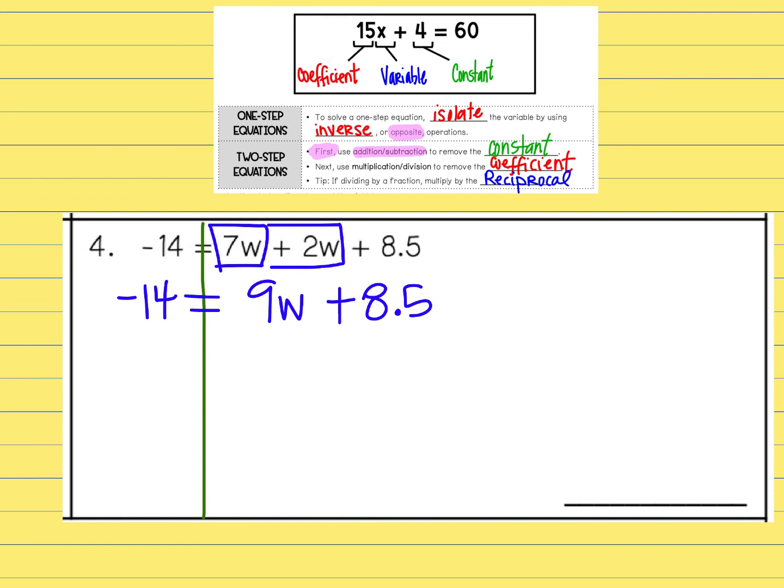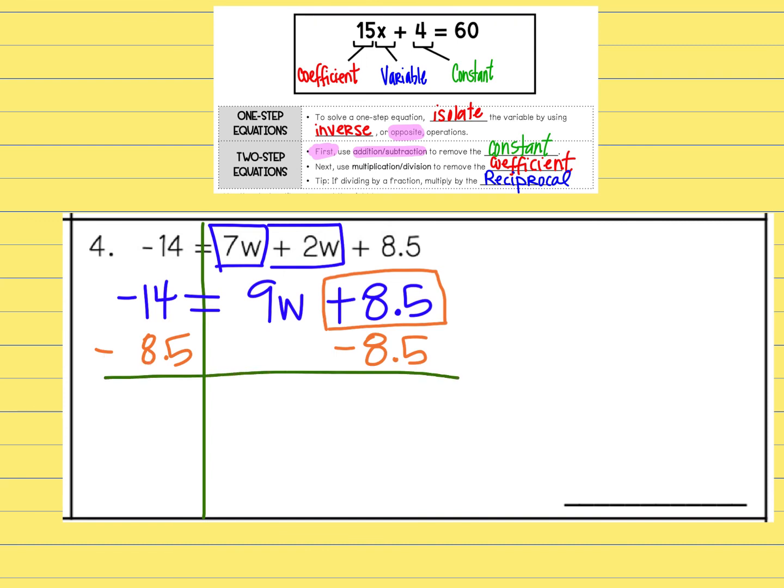Now I'm going to start working backwards with that two-step equation process. Do the opposite of adding or subtracting. Right now it says positive 8.5. The opposite of that would be negative 8.5. I'm going to write it both on this side and over here on the left. When you type this in your calculator, negative 14 minus 8.5 or negative 14 plus negative 8.5.